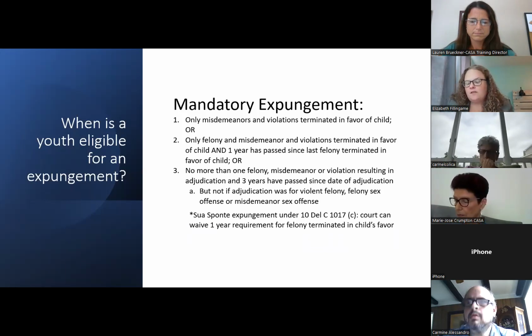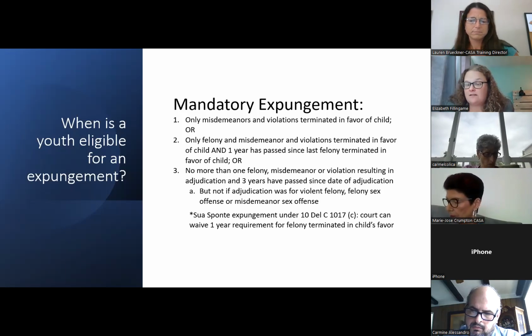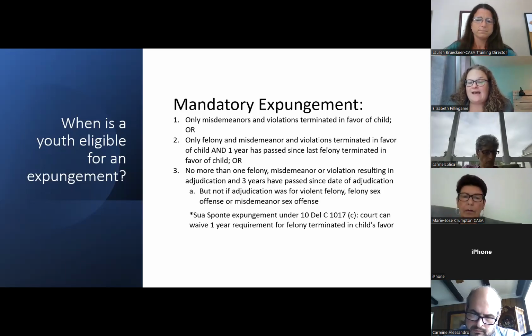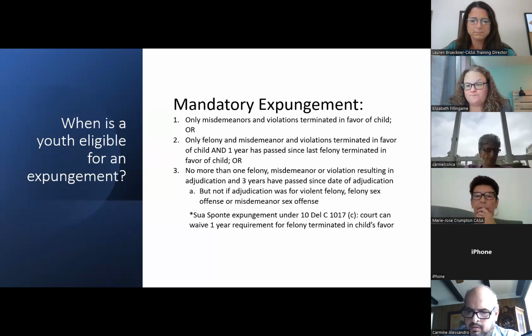If a youth and their public defender or potentially private attorney are at a criminal hearing and the charges resolve in the child's favor, even if a felony is included in that, the attorney can stand up and say, Your Honor, I'm moving for you to expunge the record now, as opposed to anyone having to file something written. And the court can, under this statute, if they choose to, waive that 1 year requirement for a felony. They do not have to, completely within the court's discretion.